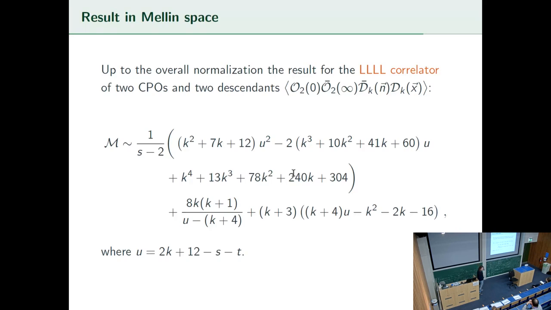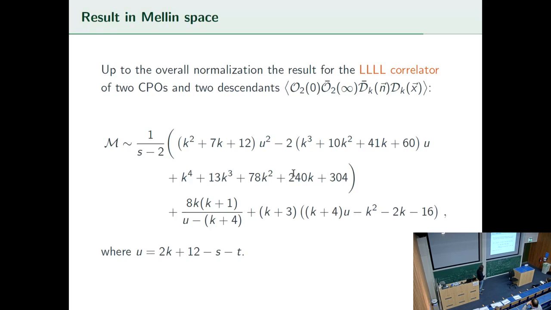And it also has the correct flat limit when Mandelstam variables are taken to infinity. So the only unfixed part of this correlator is some numerical factor which can only be a function of the parameter k. And I'm going to tell you how one can fix this.